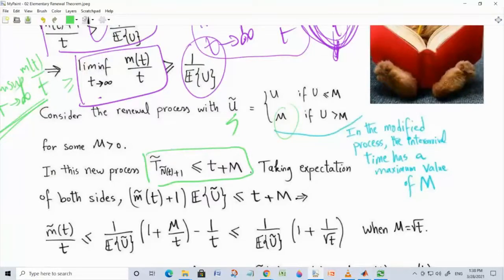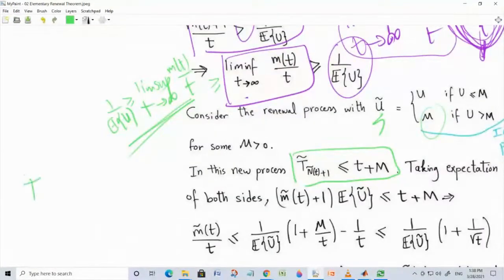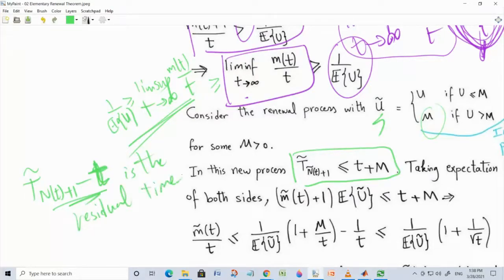Now t tilde of n tilde of t plus 1 is less than or equal to t plus M. This is tilde, for the new process. Why? Remember that t tilde n of t plus 1 minus t is the residual time in the new process.